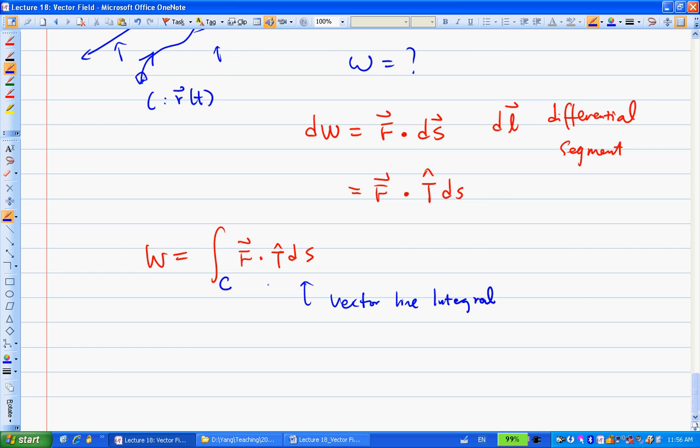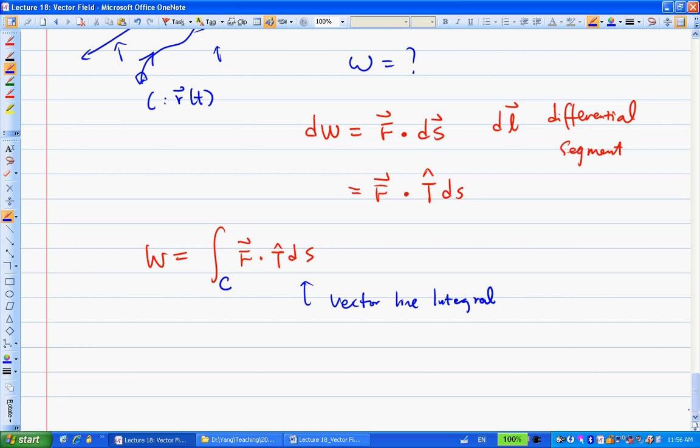For example, if this F is not necessarily a force, but represents the velocity of a flow of fluid in a pipe, that's okay. When the fluid is flowing in the pipe, the velocity may be different at different locations, pointing in different directions.